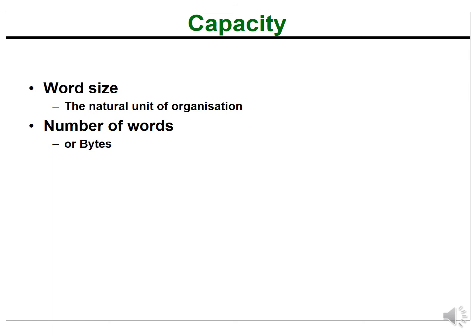Say, for example, if I talk about a hard disk, I can have a memory that is storing, let us say, 1 terabyte of storage. If this is to be used with a byte addressable computer, then the number of words will be 1 tera and the word size will be 1 byte.